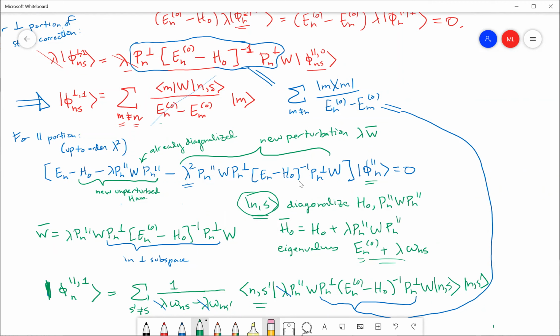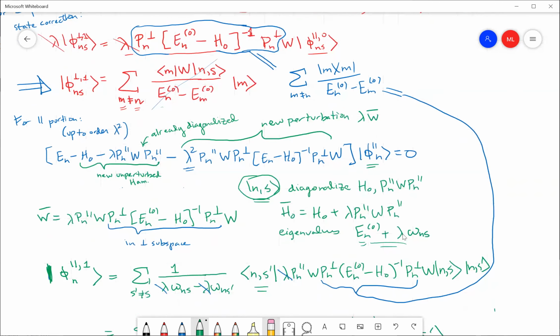Once we have that set up, we can just write down the first order correction to the state, because we have fixed all the issues with degeneracies now, provided that, of course, these eigenvalues are not degenerate. That could be an issue.